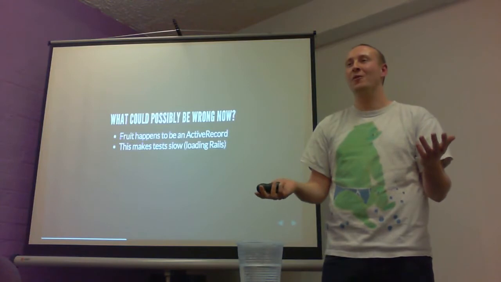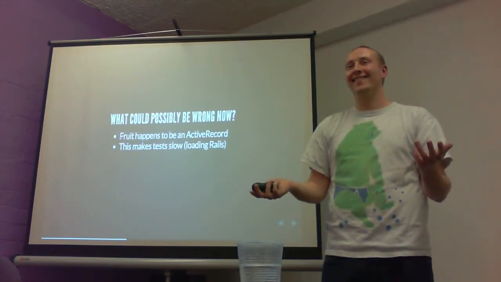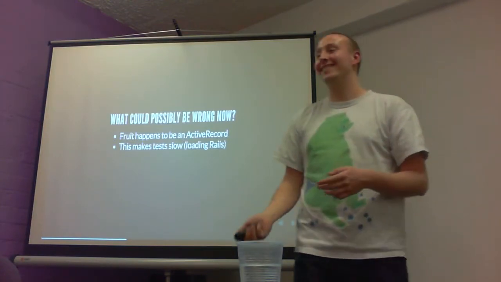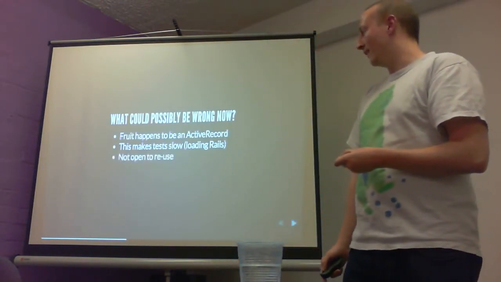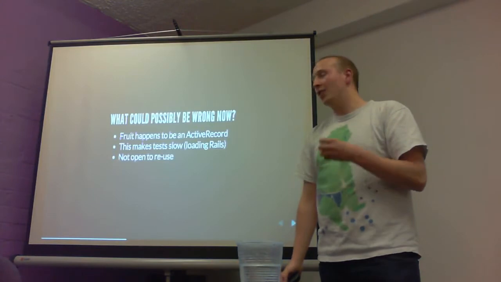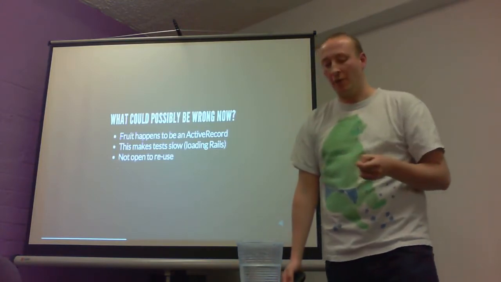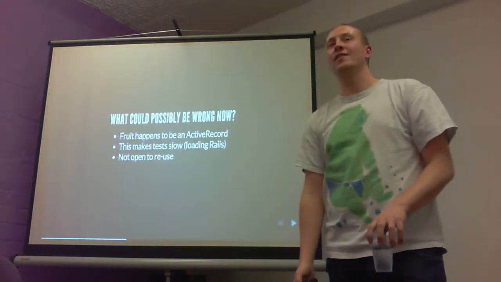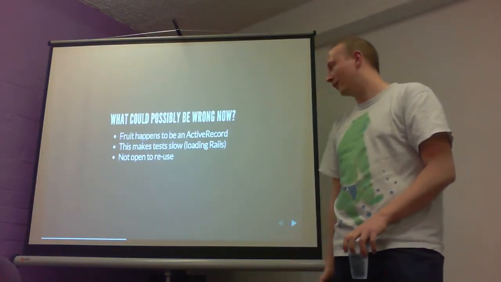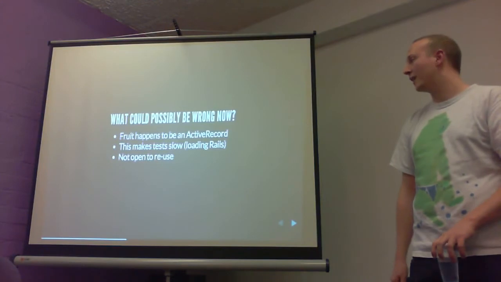What's the worst you guys have had? Minutes. Nightmare. Total nightmare. So that's a big problem right there. And it's not open to reuse. So again, we come back to this reusability argument, and it might not be completely obvious how we would reuse that class, but I've got a good example coming up.